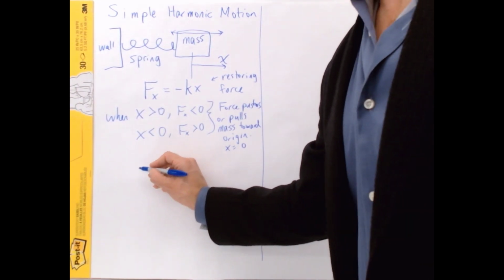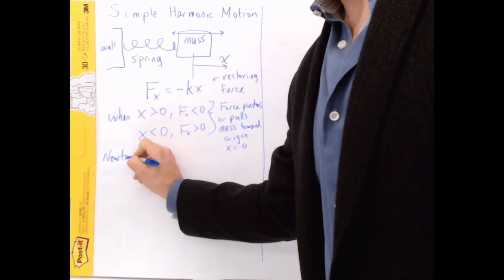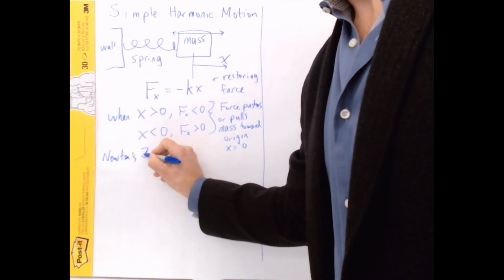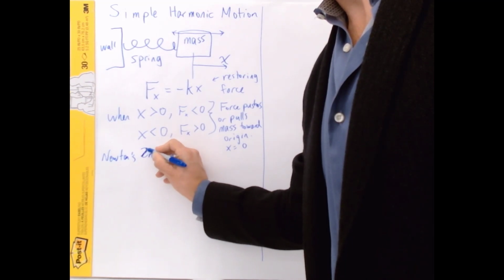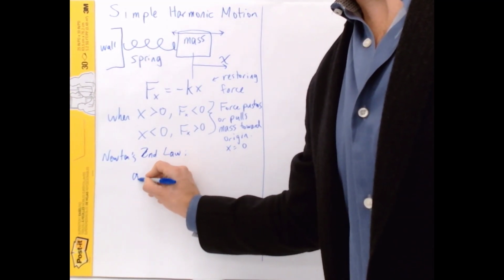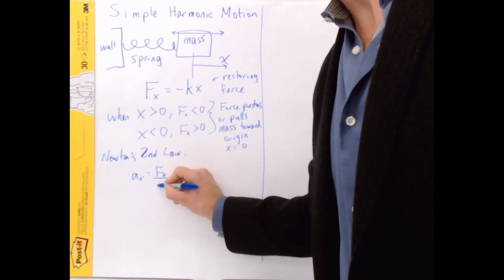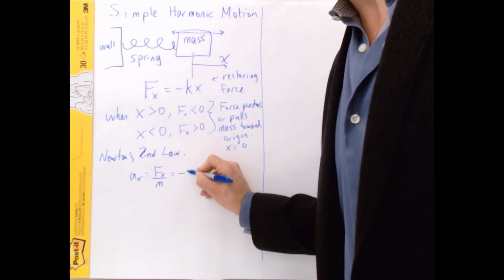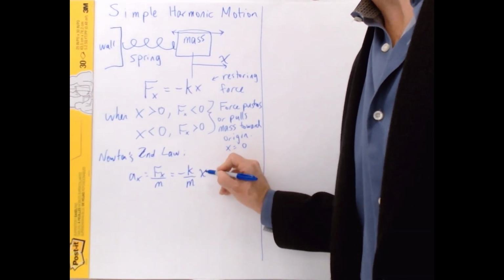And we can know it from Newton's second law, which just says that a sub x is equal to the net force divided by the mass. So this is going to be negative k over m times x.